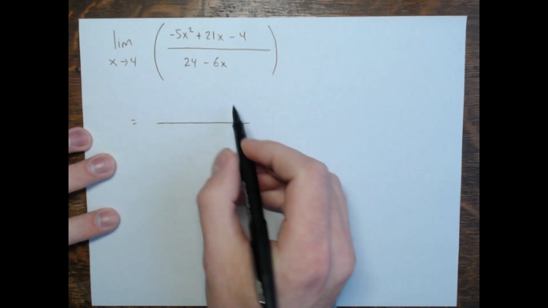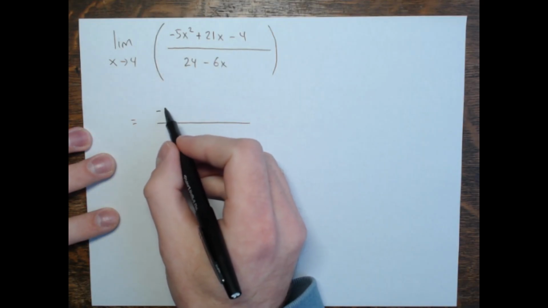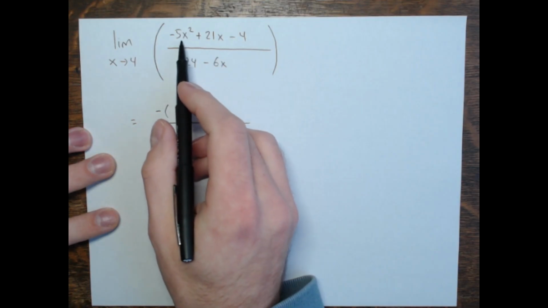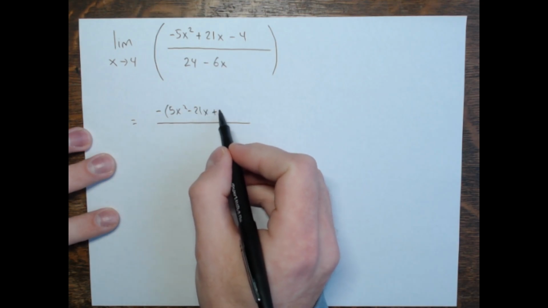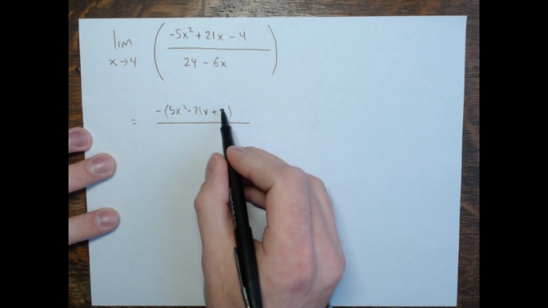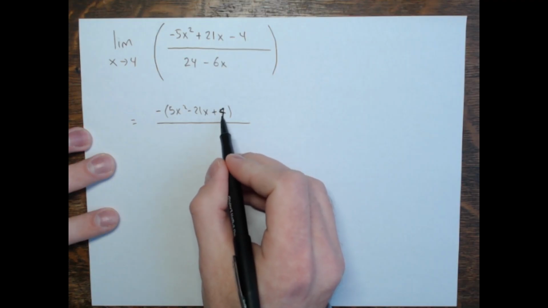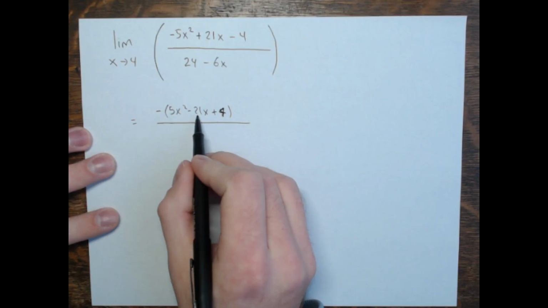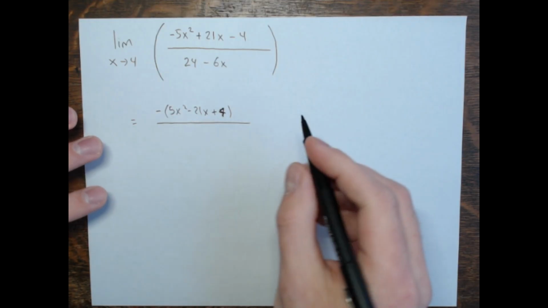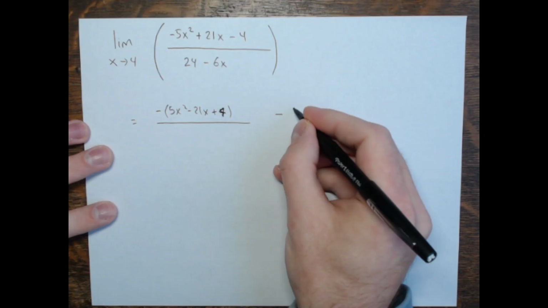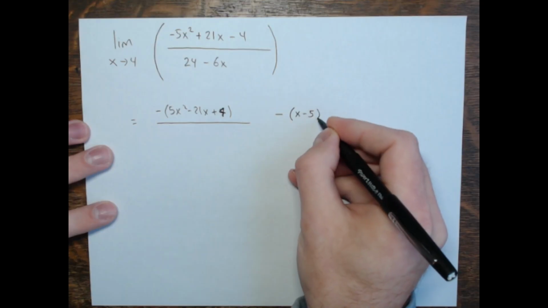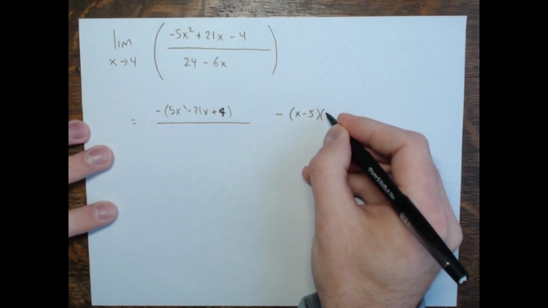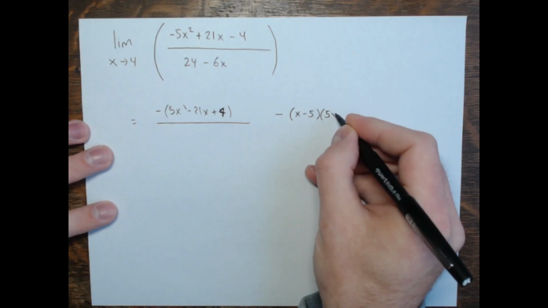So again, the numerator, I'll pull out a negative, and then you've got 5x squared minus 21x plus 4, and then factor that. Factors of 20 that add to negative 21 would be negative 20 and negative 1. So that's the opposite of 20 divided by 5 is 4x minus 4, and then 5x.